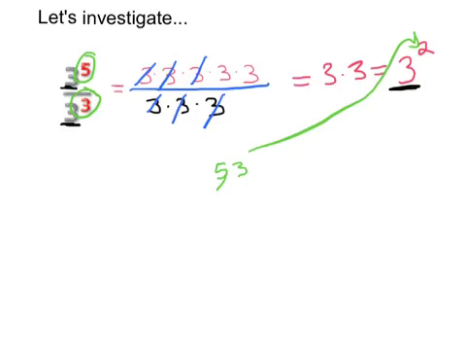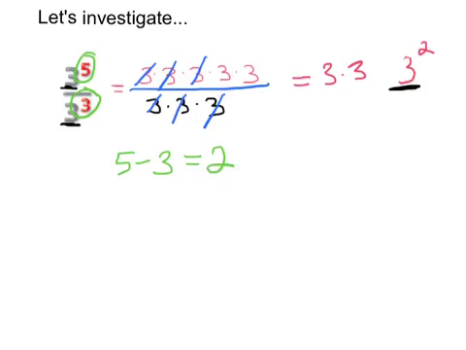Okay, so think about that for a second. Well, you can probably think of a couple different ways, but one of the easiest ways is that if I take 5 minus 3, that gives me 2, right? Okay, so that starts to make some sense.